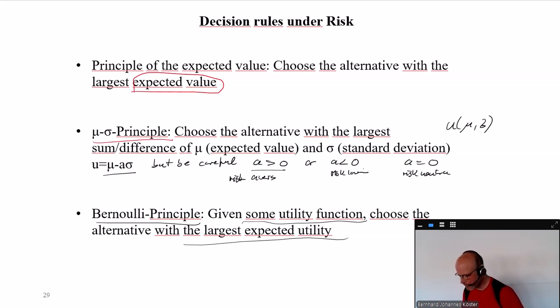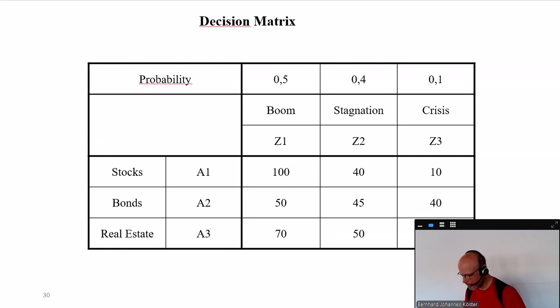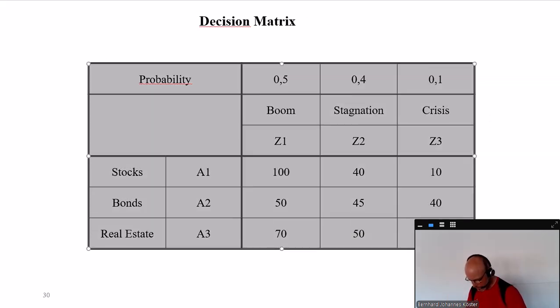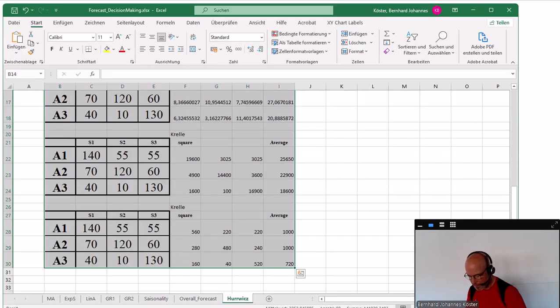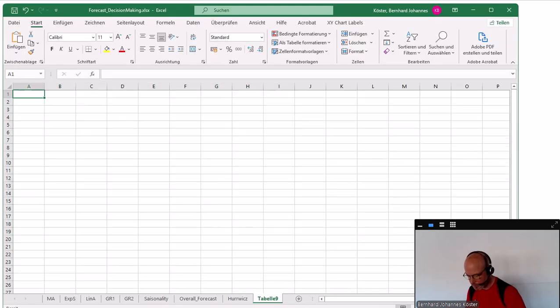Okay, 7 minutes left. Let's see if I make it in 7 minutes. This is then risk.